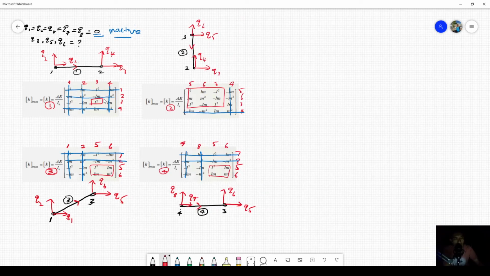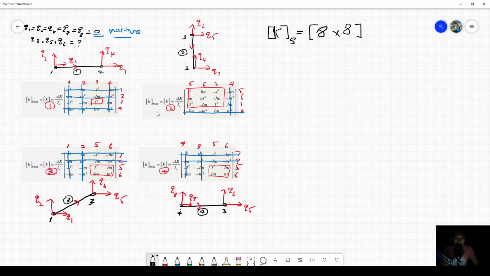By having our element stiffness matrix for each element prepared as shown here, it will allow us to write our stiffness matrix for the whole system, which is initially our global K matrix will have 8 by 8 in terms of its size.